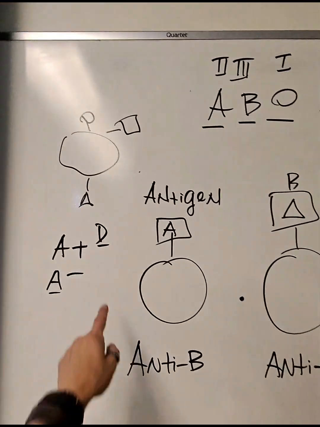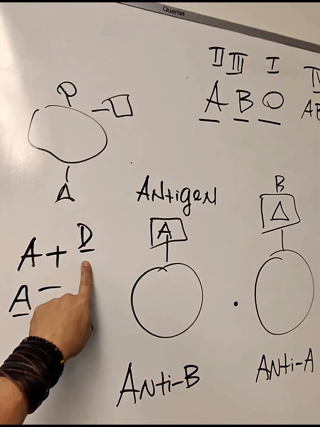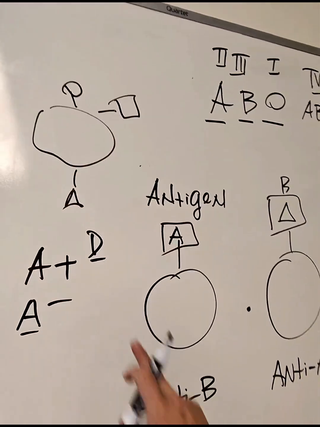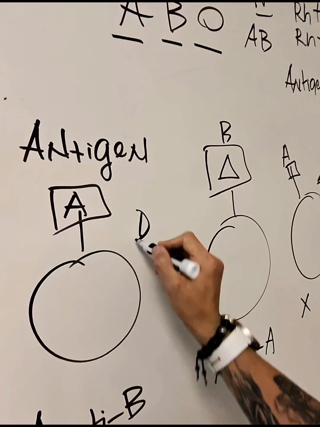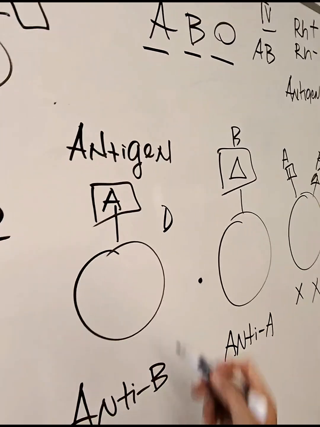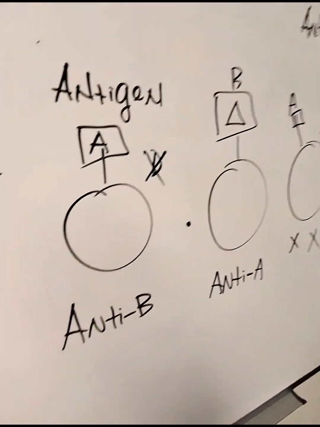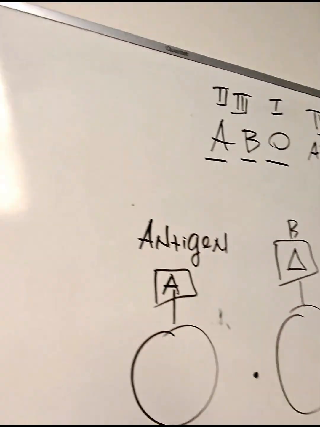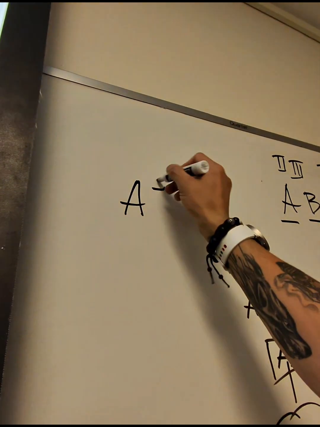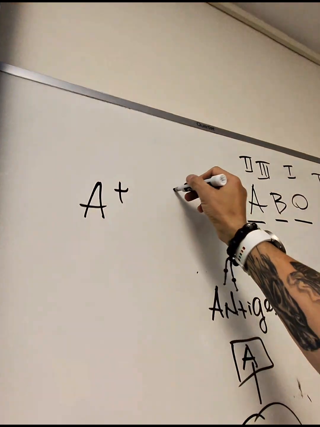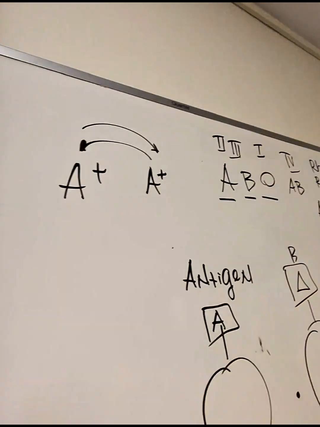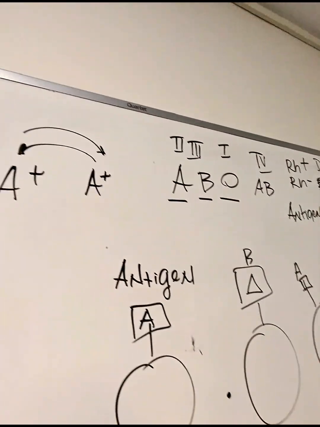But there's also Rh, positive or negative. If you're positive, you have this extra antigen, D. If you're negative, you do not have it. So let's talk about blood transfusion. If a person is A positive and another is A positive, we can safely do the blood transfusion.